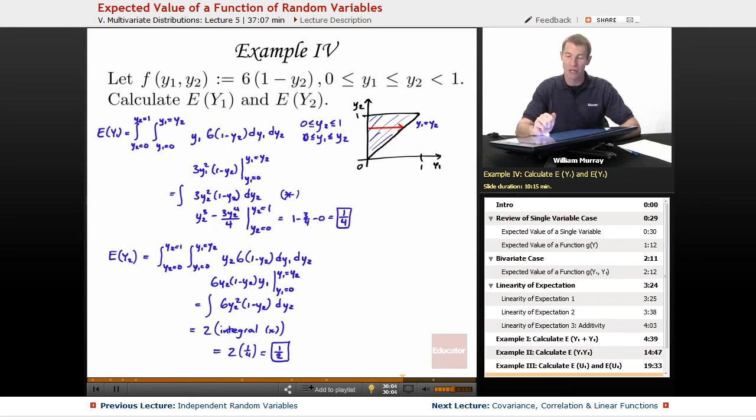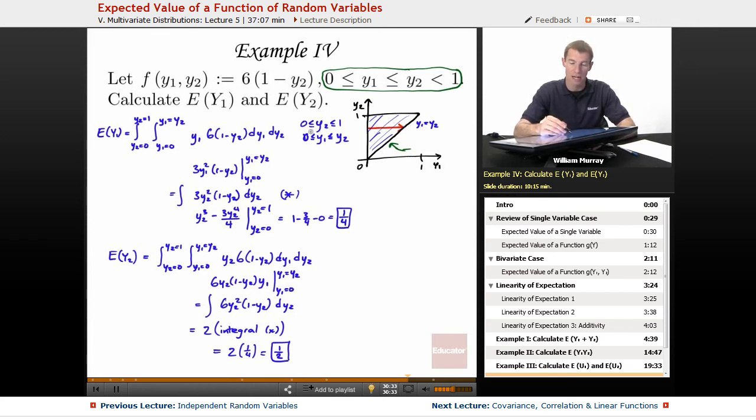Let me remind you how we set that up. First thing I did, like all of these problems, is I looked at the region that was given to me, and I graphed the region. So in this case, y1 and y2 are both between 0 and 1, but y2 is bigger than y1. So I just looked at the region above that diagonal line, the y equals x line, and I decided that it was easier to describe that region if we kind of march horizontally.